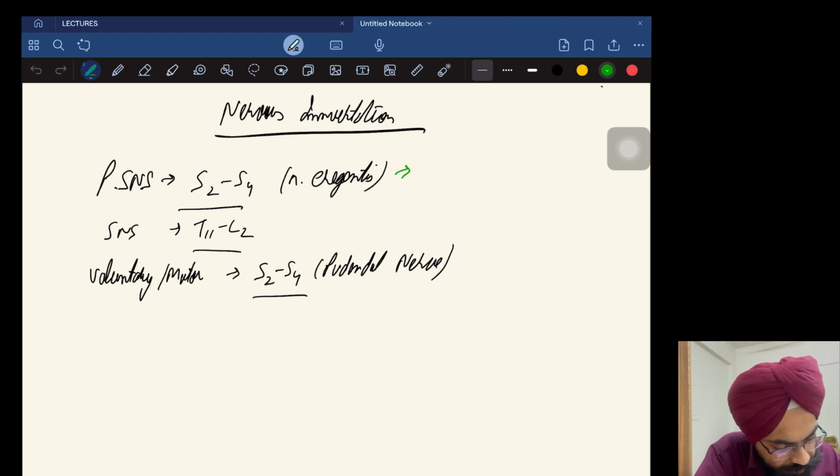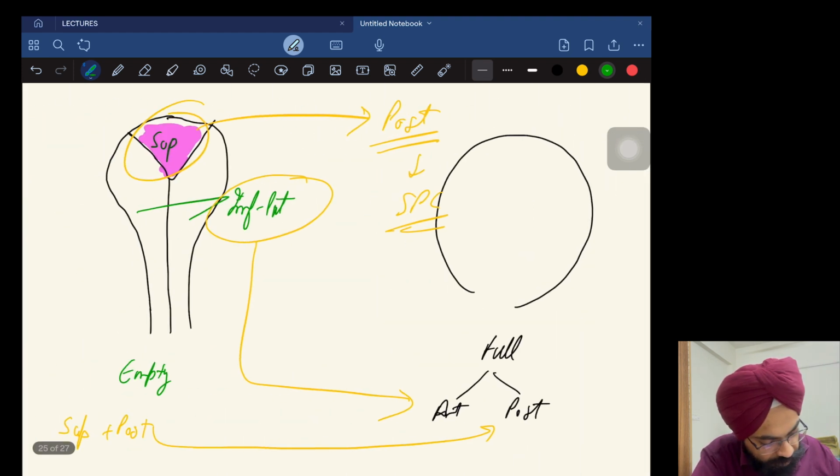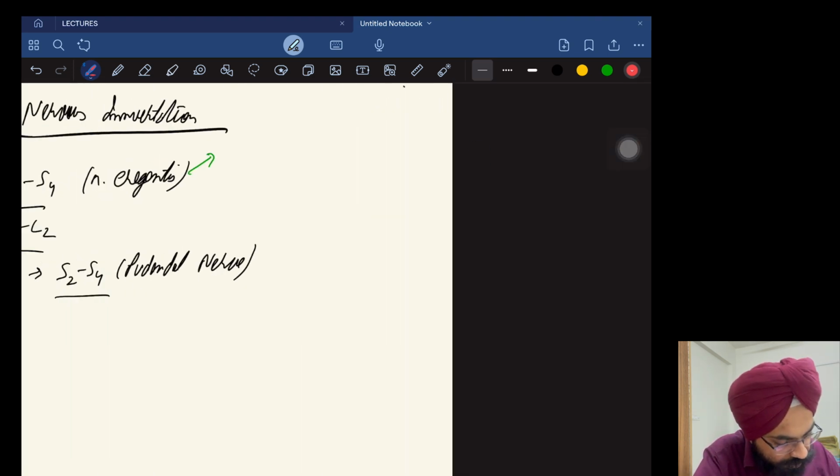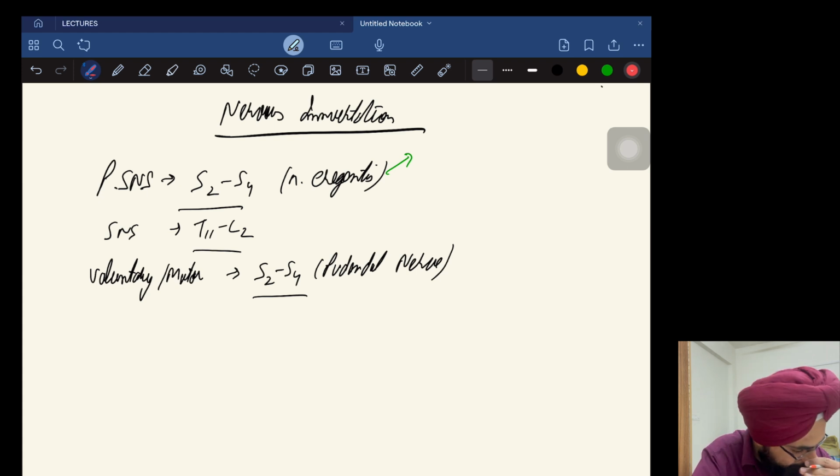The parasympathetic supply, so before that just have a look over here at the bladder.